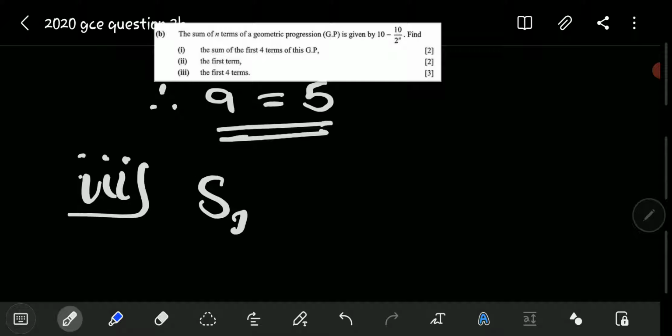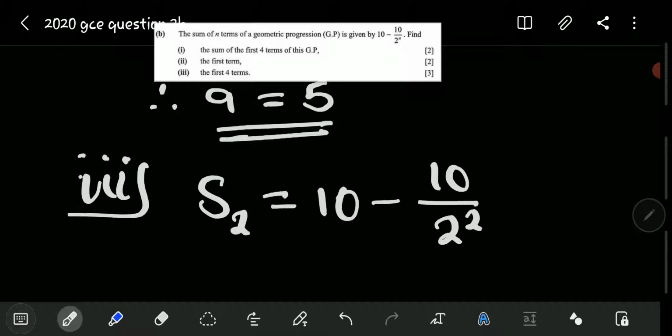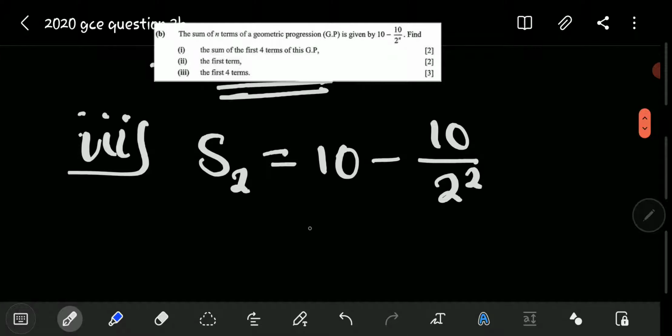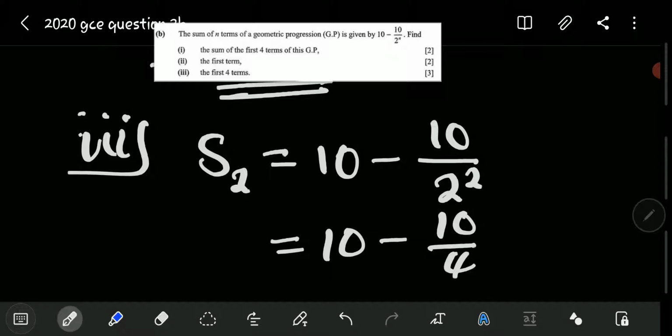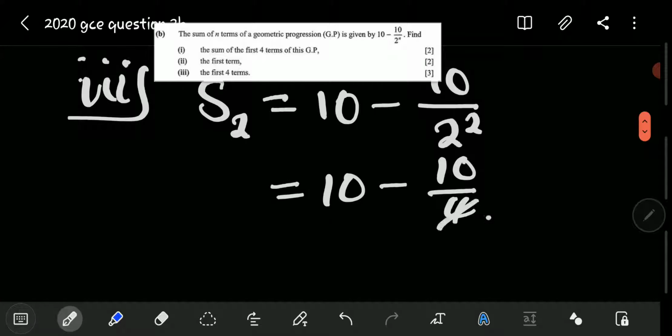So the sum of the first 2 terms is equal to 10 minus 10 over 2 to the power 2. Again, 2 to the power 2 is 2 times 2, which is equal to 4. So this is equal to 10 minus 10 over 4. So 2 into 4 is 2, 2 into 10 is 5.